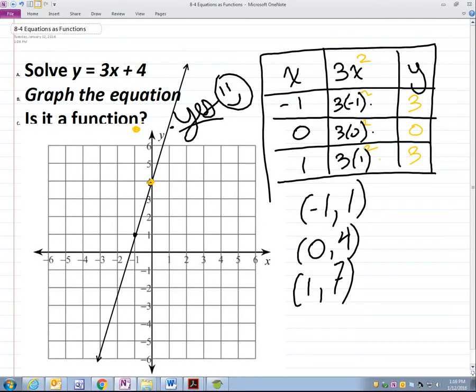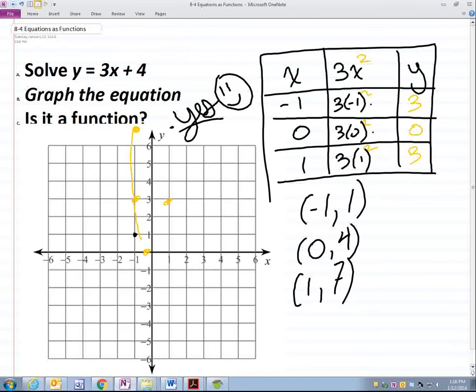So we have 1, 3, 0, 0, and 1, 3. Why don't we go here, negative 1. Oh, that's right. Thank you. And what you would have is you would give yourself a parabola, and that's what that will look like when we get to that.